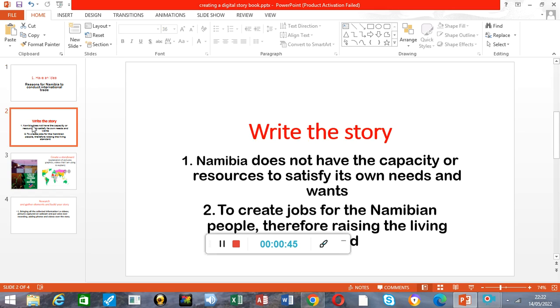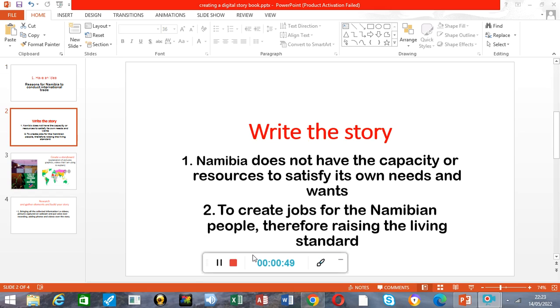After having an idea, you are to write the story. So this idea is supposed to be a story that you want to bring into life, that you want the audience to understand, that you want the audience to capture. So my story is saying Namibia does not have the capacity or the resources to satisfy its own needs and wants.